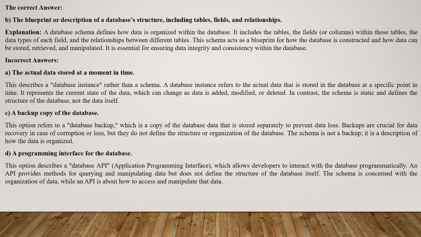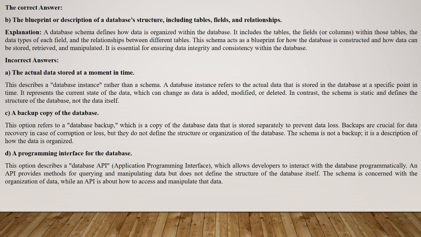It represents the current state of the data, which can change as data is added, modified, or deleted. In contrast, the schema is static and defines the structure of the database, not the data itself.